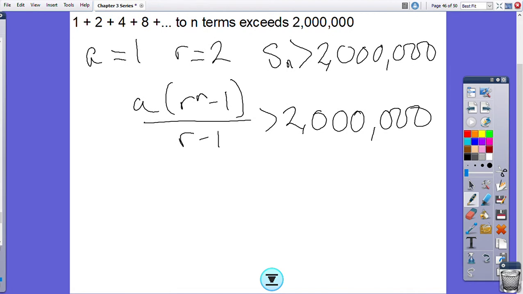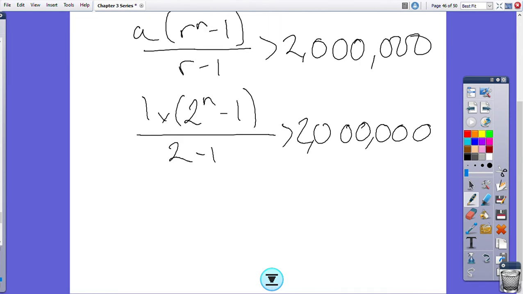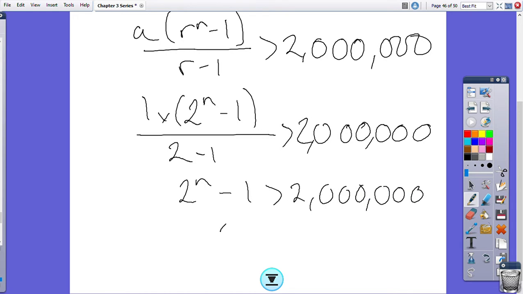If we put in our numbers, we go 1 times (2^n − 1) over 2 minus 1, which is bigger than 2 million. Clearly the 1s will cancel, and you'll end up with 2^n − 1 is bigger than 2 million. Add on the 1, and great, I've got to write 2 million and 1 now.